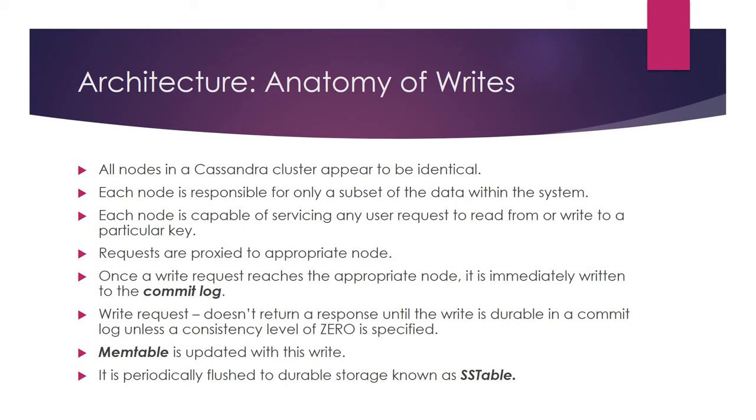Each node is responsible for a subset of the data within the system, so each node is capable of servicing any request issued by the user, whether to read from a key or to write to a particular key. Such requests are proxied to the appropriate node by checking the key against the local replica of the token table.